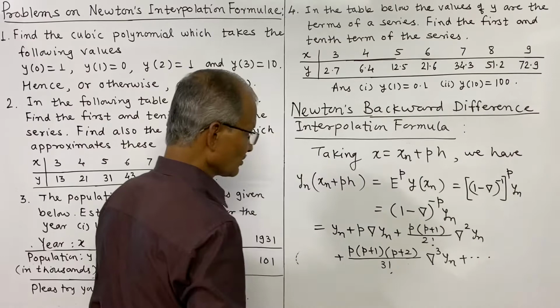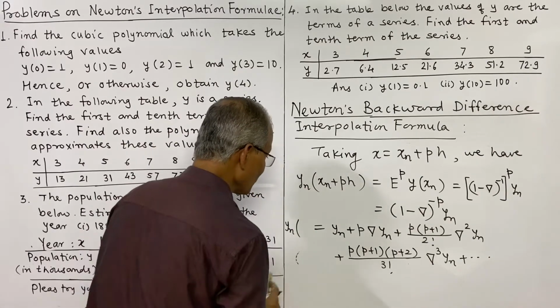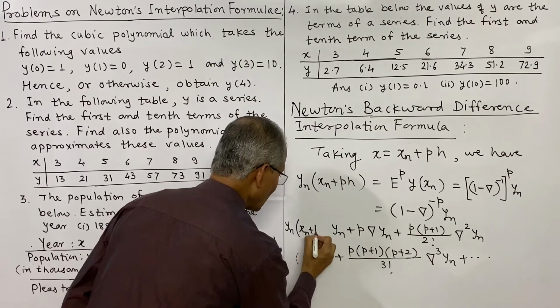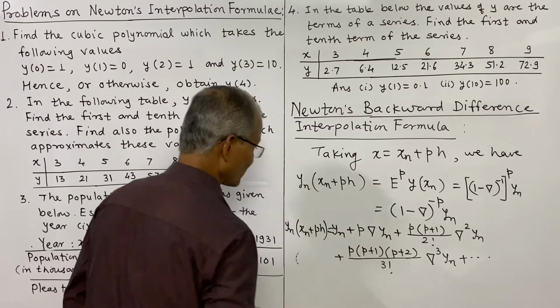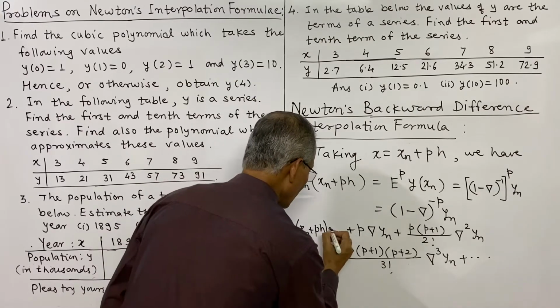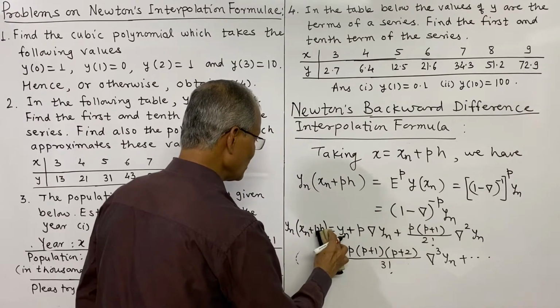So this is yn at xn plus ph, and the first value is yn.